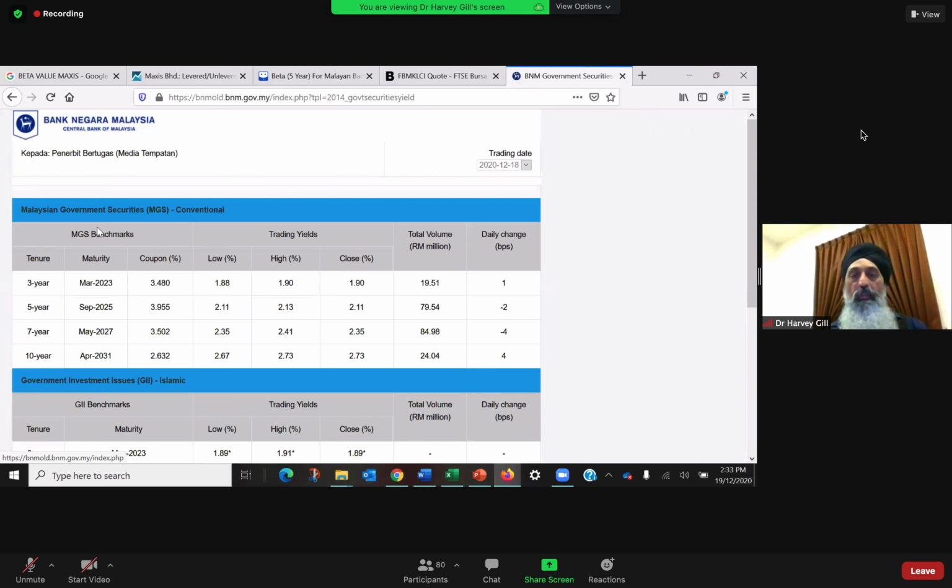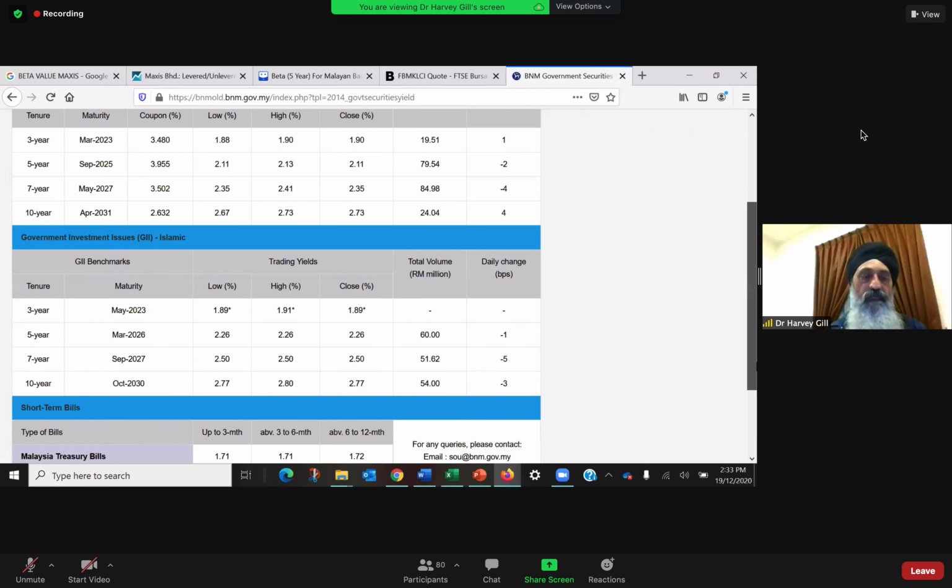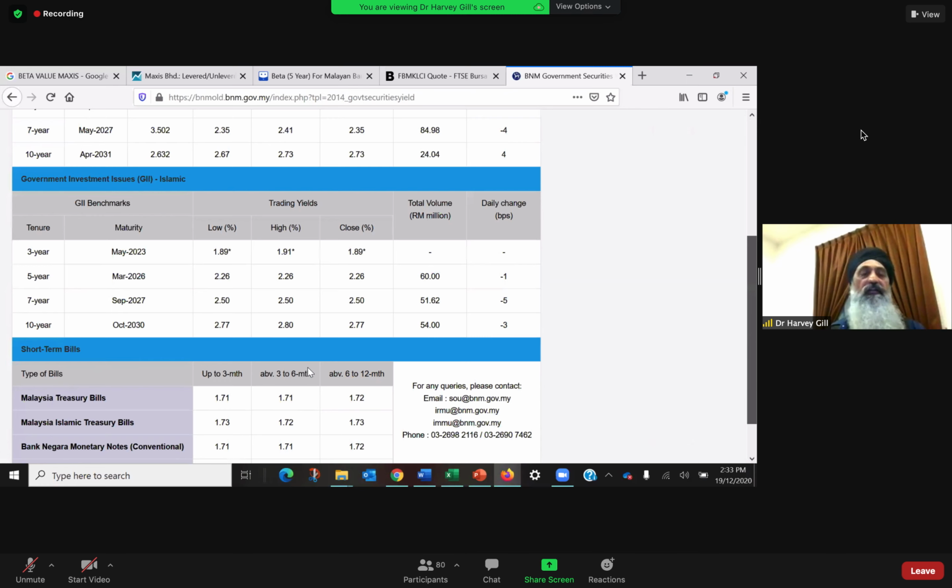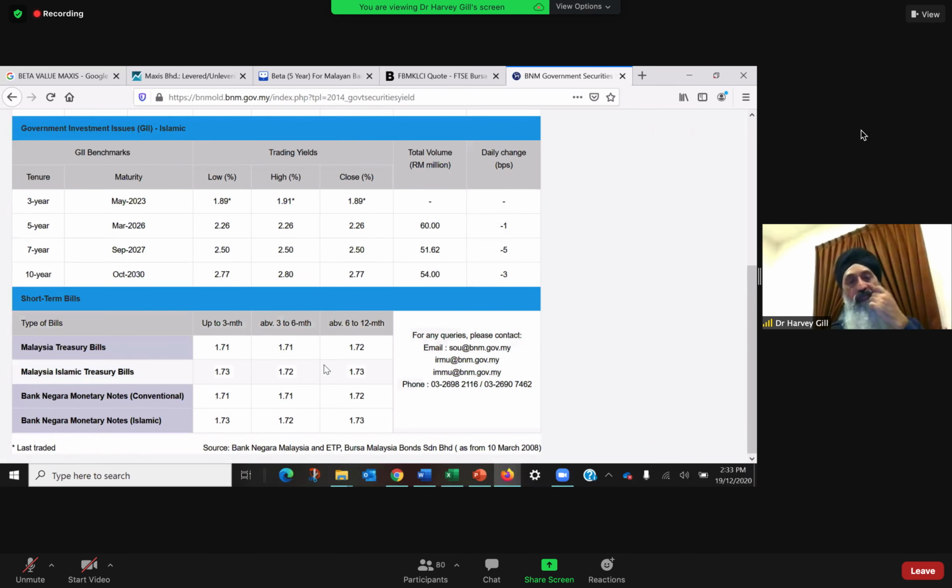There you go. So what are the trading yields? 3 years and all that are too much actually. If we have the bills, this is the one. Up to 3 months, 3 to 6 months, this is fine. Yeah, Malaysian treasury bills, Islamic bills, Bank Negara notes, this is about 1.71, 1.72. So RF for our purpose would be about 1.71 or 1.72.